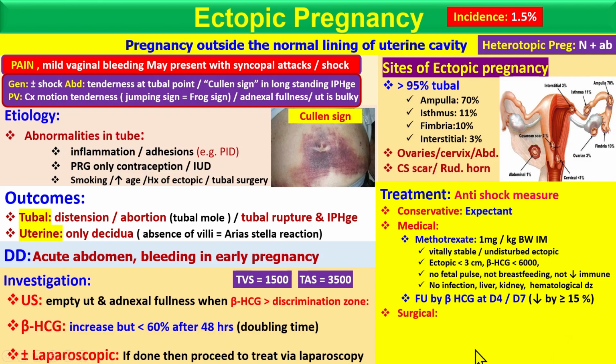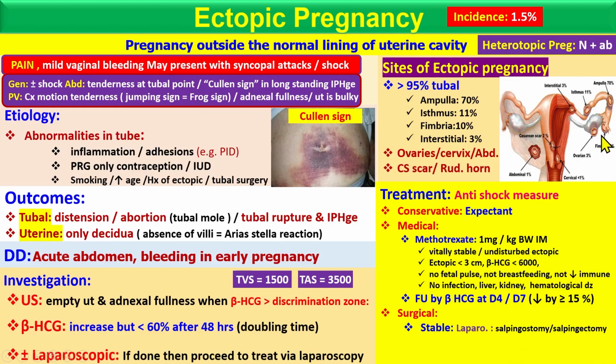If the medical treatment fails, you go for the surgical process. In the surgical process, you see whether the patient is stable or not. If stable, you go via the laparoscopic approach, where you remove the pregnancy, meaning salpingostomy, or you cut the fallopian tube.